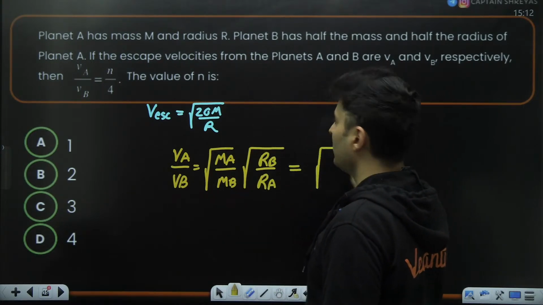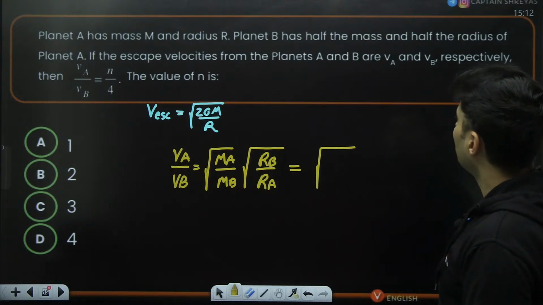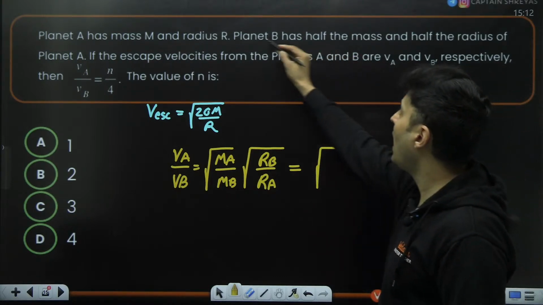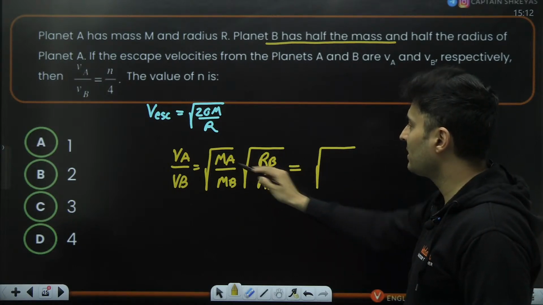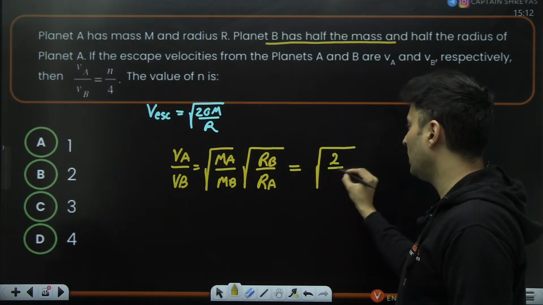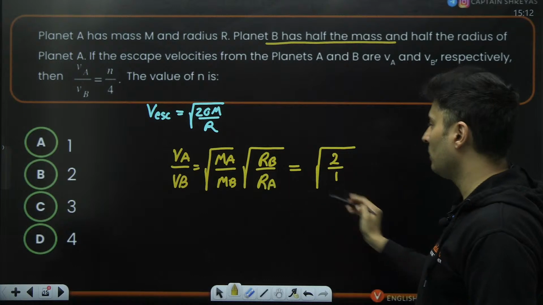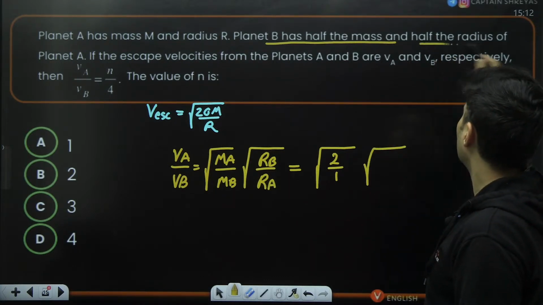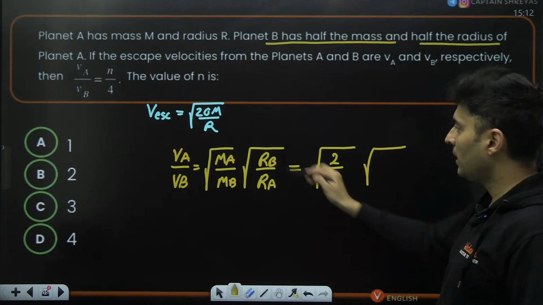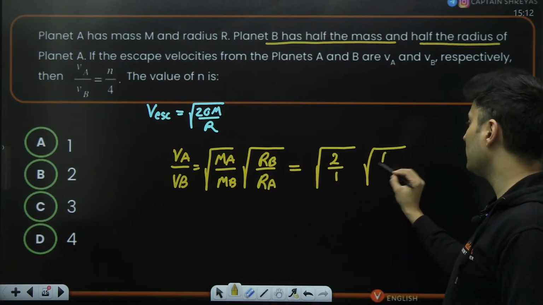As per the given information, the mass of planet B is half of the mass of A. So A is double of the second mass. And radius of B is also half of A, that means this is 1 by 2.